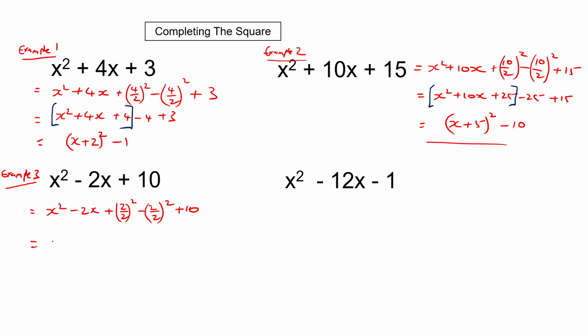That's going to be equal to x squared minus 2x, it's going to be 1 squared, so plus 1 minus 1 plus 10. And we're going to factorize the first part. So that's equal to, well, it's 1 times 1. So it's going to be x and it's minus there. So x minus 1 squared. And you've got minus 1 plus 10. So that's going to be plus 9. Okay, one more.